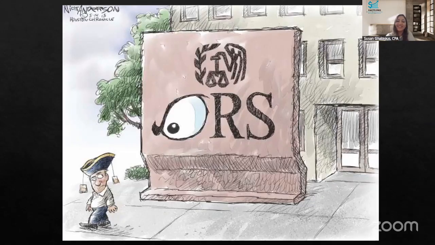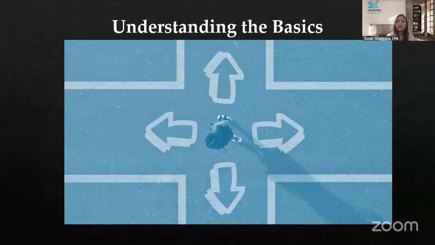All right. So, business entity optimization. What are we talking about here? I want to help you understand the basics. First thing, what kind of entity can I have? What are the business entities, the structures that are available out there?